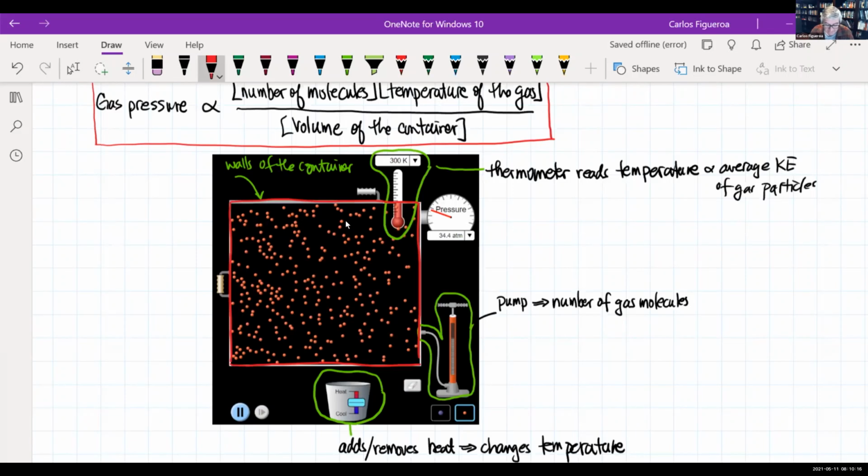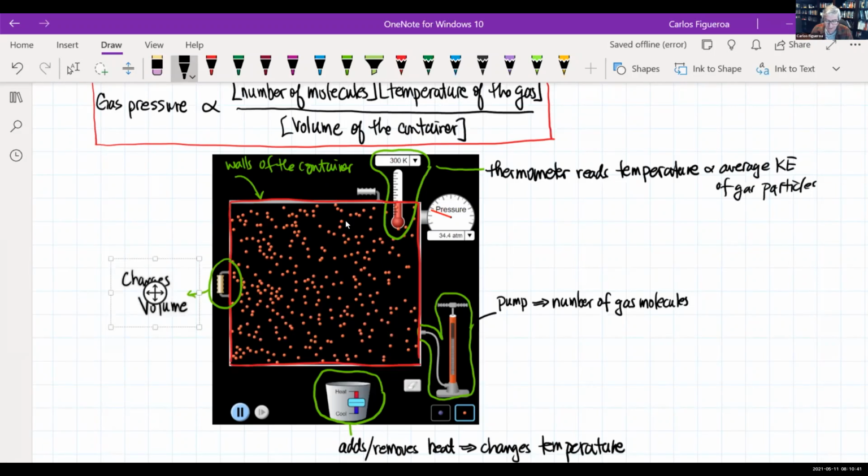And the last thing that we got to talk about is this handle here. What this handle does is it changes volume. So if I pull it out, I get a bigger volume. If I push it in, I get a smaller volume.